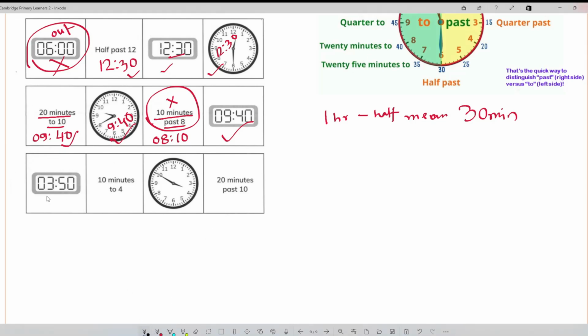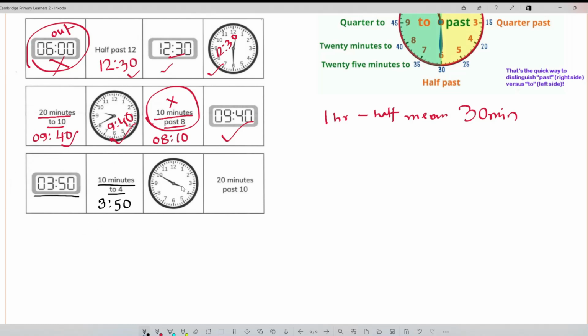Last one, here is 3:50 in the digital clock, and here it says 10 minutes to 4. What does 10 minutes to 4 mean? It means we need 10 minutes to become 4. Until the clock is 4, we need 10 minutes. So this is 3:50.